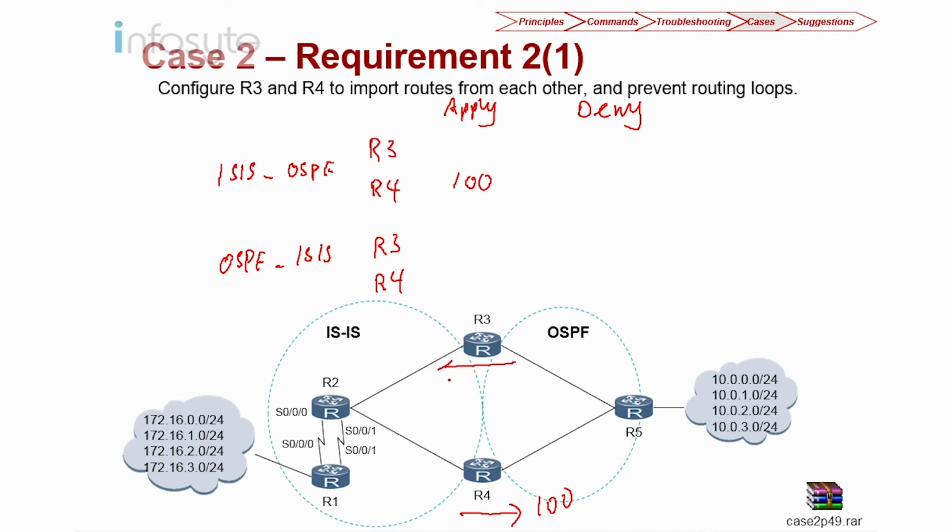But from Ospf back into the ISIS, we have to deny the 100. Okay, deny the 100 from here. So we have tag 100, but when R3 imports back, it has to be removed. Okay, so that will be on the first side here.